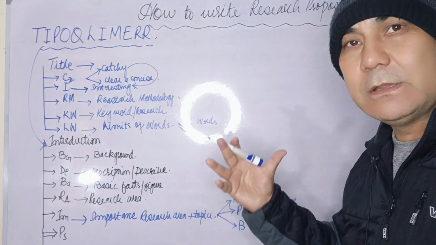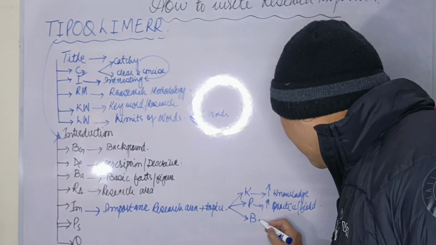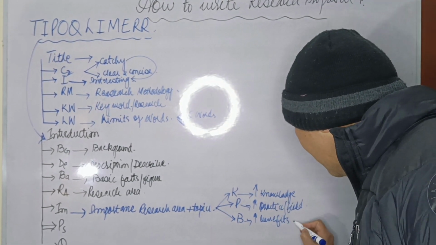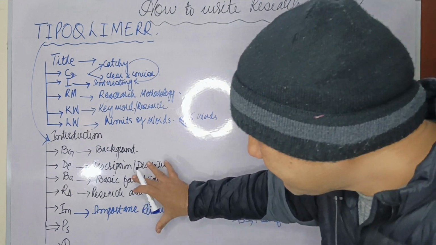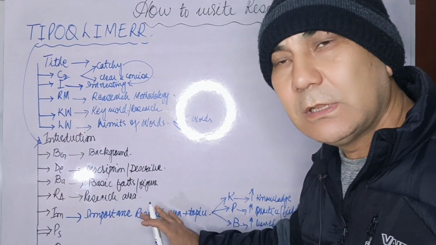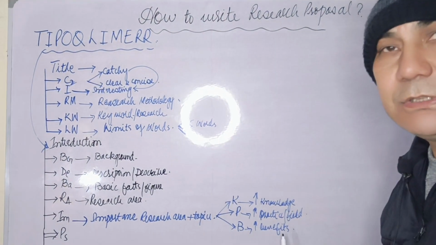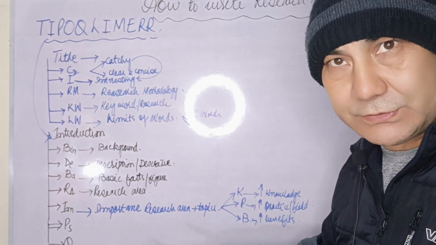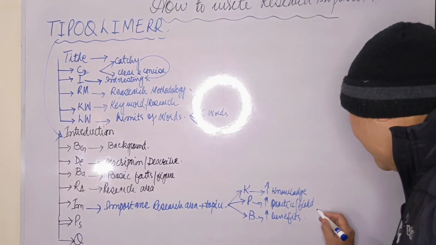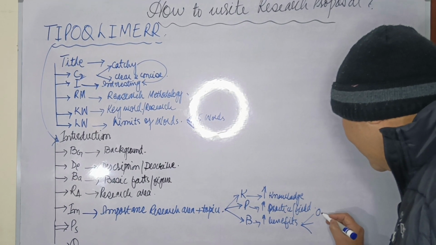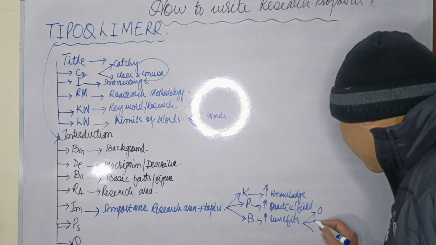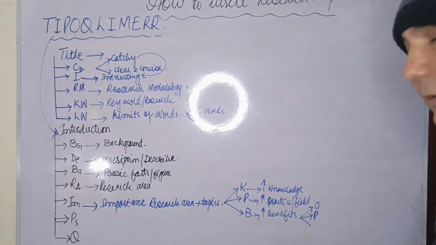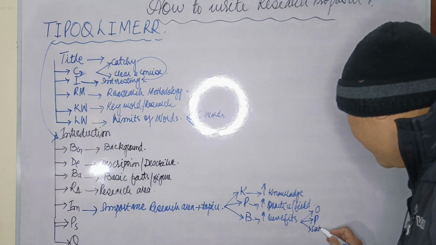And the third one, B is for the benefits: when you conduct this research, how it will give benefits to the organization, the profession, and the society as a whole.